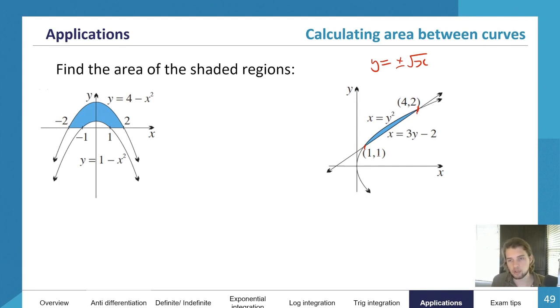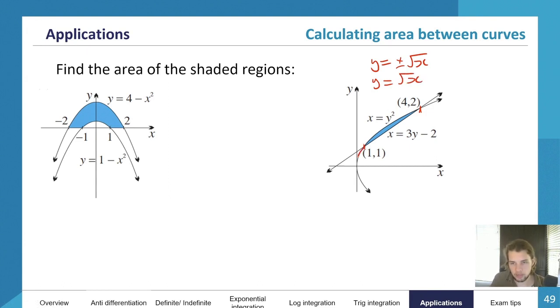So here we know that x is always positive. We're always looking at a positive y value and a positive x value in this range. So we're just going to consider y is equal to the square root of x, so plus instead of negative.